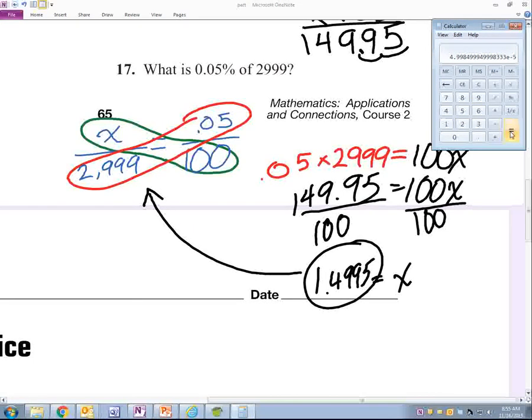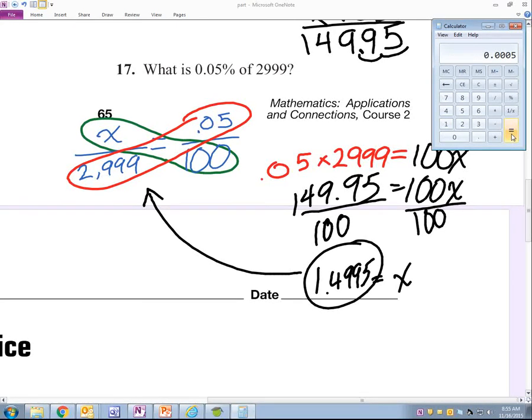Okay, let's try that again. 1.4995 divided by 2,999 equals 0.0005. So let's see if I had that right. 3 zeros and a 5. 0.05 divided by 100. Yay, we did that one right.